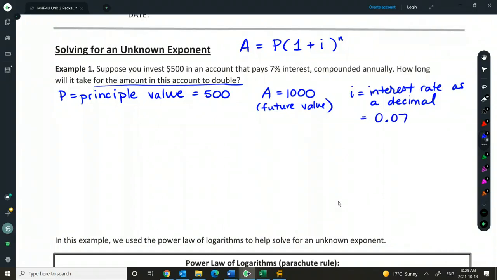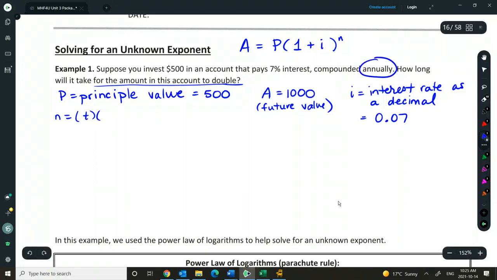And n usually has two components, right? But because this is compounded annually, I compound once a year for a certain number of years, and n will end up being equal to the number of years. So n is technically total time times the number of compounds per year, which is 1 annually. So n will end up equaling the total time in this case.